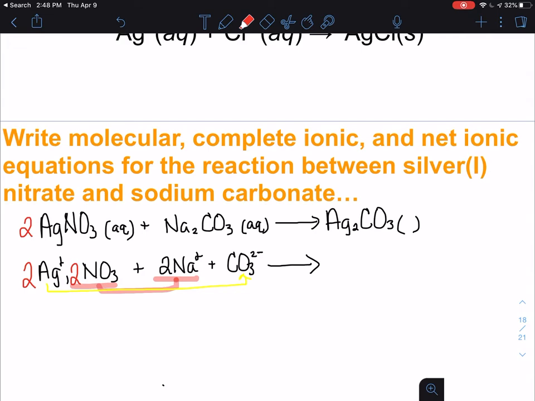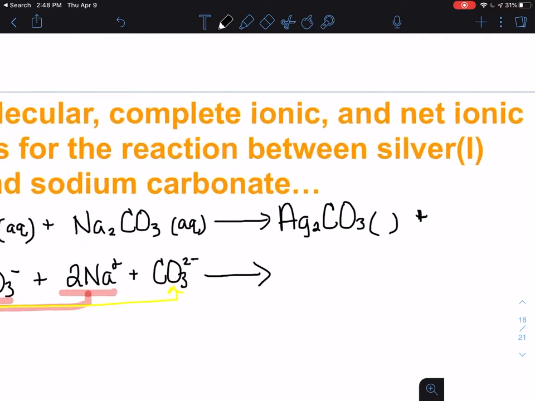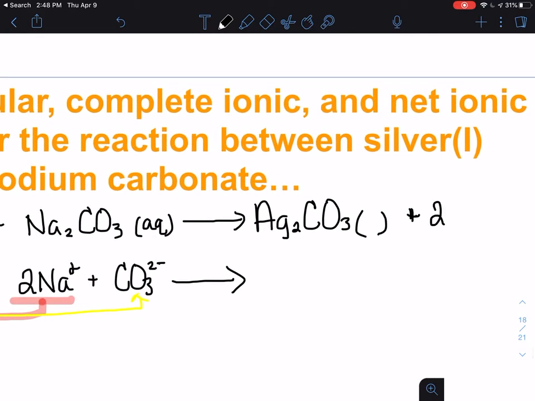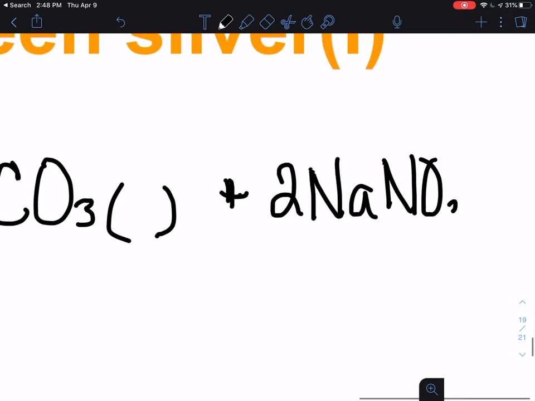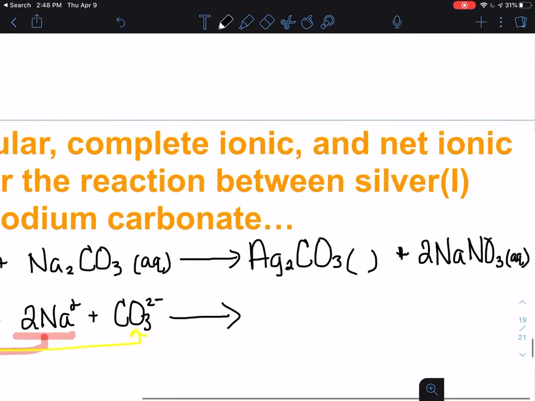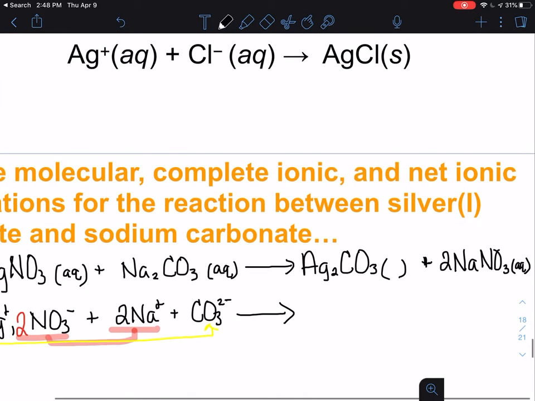Because I put the 2 right here for nitrate, now this is automatic. These are automatically balanced. Oops, I forgot to put the minus sign. So that's going to form 2 sodium nitrate, and I'm going to put an aq here because all nitrate salts are soluble.